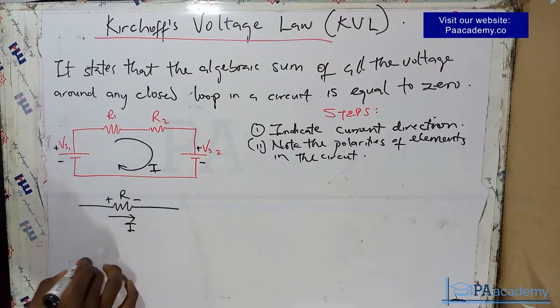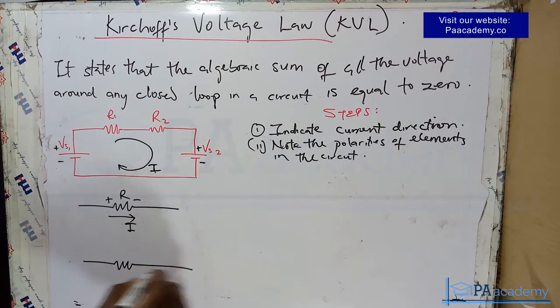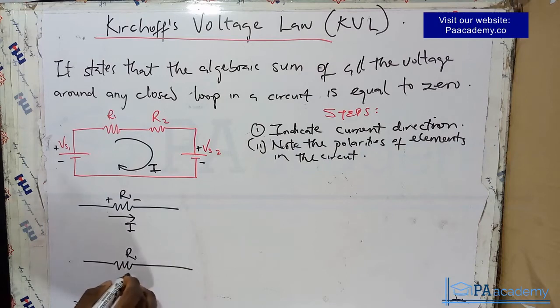Now let me also draw this here. So if we have this as our R1, and maybe for any reason, depending on the position we pick, our current direction is flowing like this. Let me indicate it as our current direction. Then that means the polarity is going to be plus here, and we are going to be having minus here.